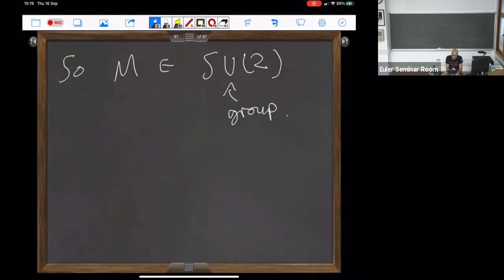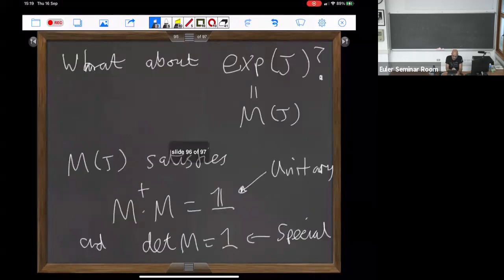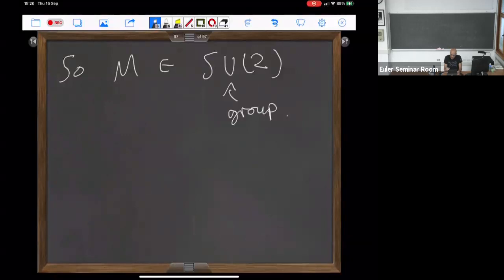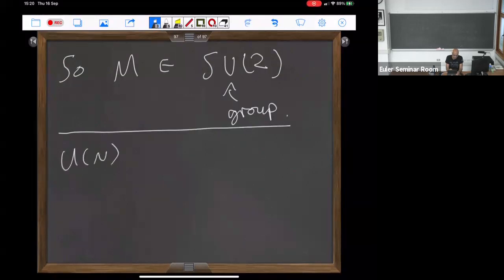And you know, SU2 is a very important group in physics, and I'm sure that some of you have come across it before. As an aside, maybe I'll just say, you can consider unitary n by n matrices. These would be n by n matrices which satisfy the same sort of condition.